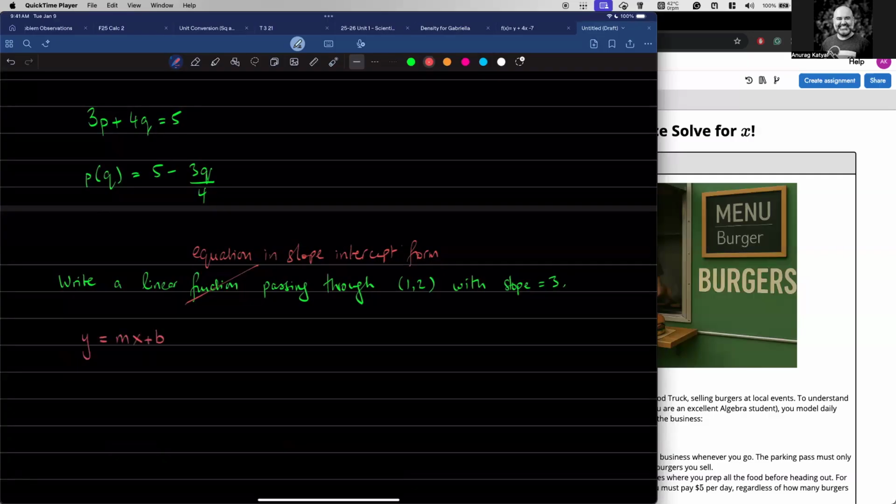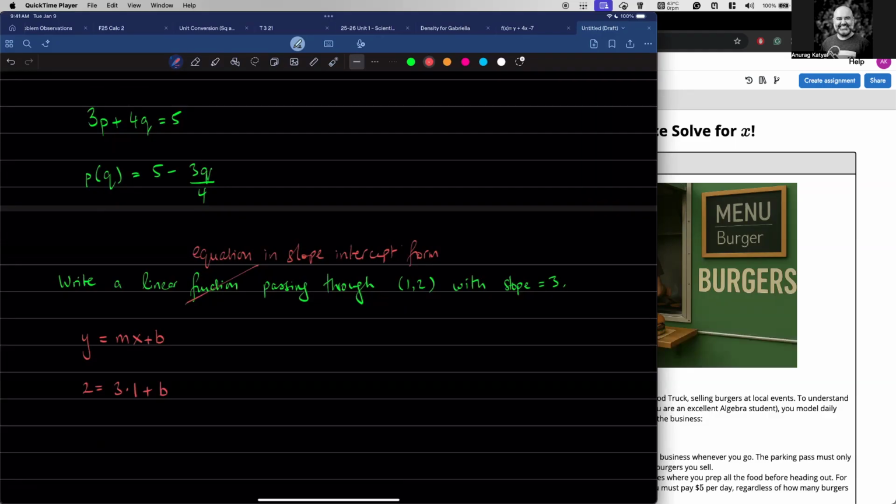And now what are we doing? What about the point as well? Are we all okay with that? Do we recognize that the x coordinate is 1, the y coordinate is 2, the slope is 3, so I plug those three numbers where they belong, and b is left alone because I don't know what the y-intercept is.